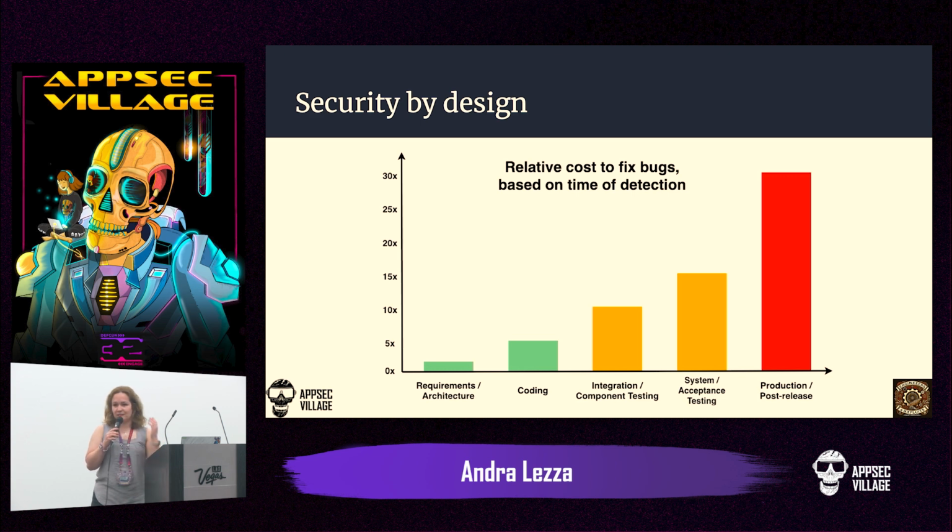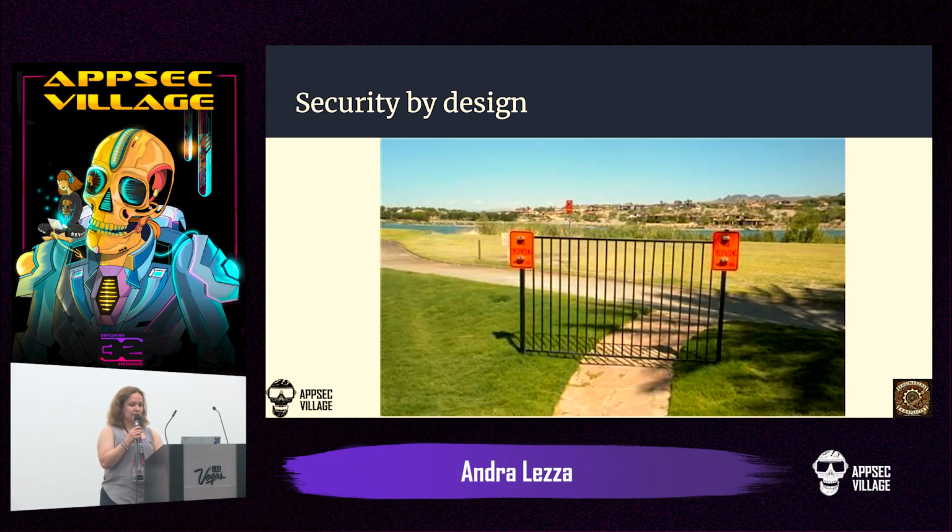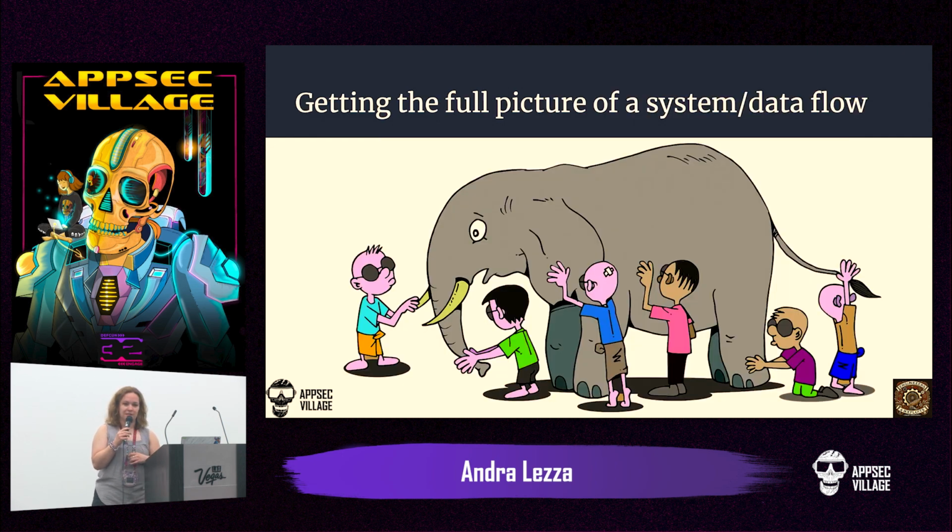So you've probably seen this in countless other security talks. There's a difference between finding issues in the beginning of the flow versus at the end. So we don't end up in production with something looking like this, where you either don't have any security controls or controls that aren't applicable to your context. So when we do threat modeling, we try to get the full picture of a system. This is a slightly weird picture, but I found it in a 2019 training, and I really liked it.